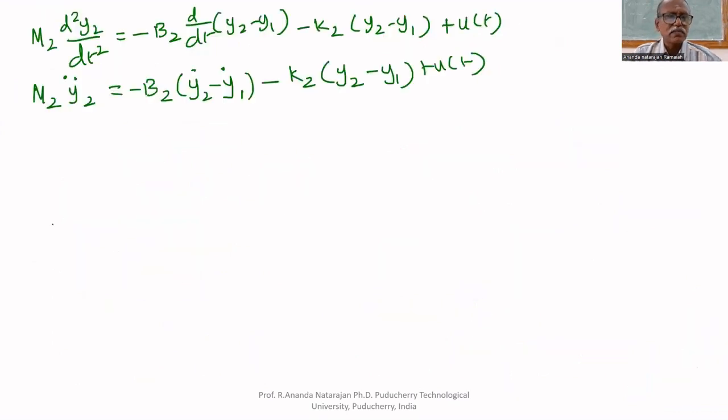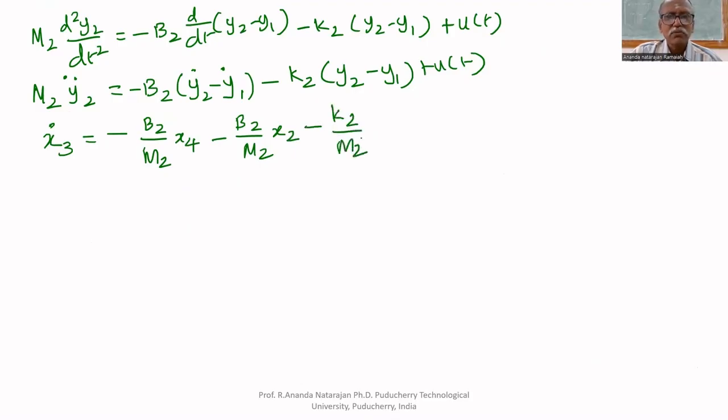Therefore, we can write x3 dot equal to minus b2 by m2 (y2 dot is x4), minus b2 by m2 times y1 dot equal to x2, minus k2 by m2 (y2 is x3) plus k2 by m2 (y1 is x1) plus u of t. This is plus because of two minus signs.